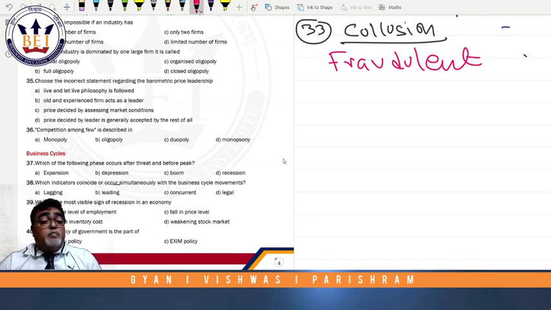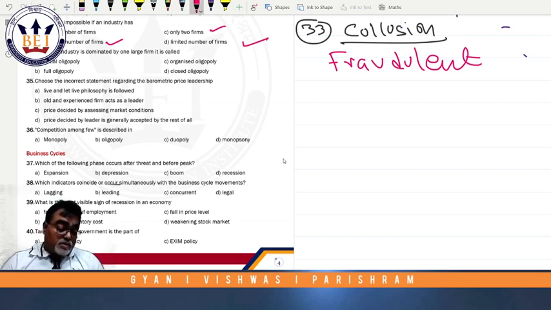Collusion is impossible if an industry has... If it is only a few firms, acceptable. Only two firms, obviously also acceptable. Among only two firms, limited number of firms, and large number of firms, the first ones are acceptable, but obviously a large number of firms is not acceptable.